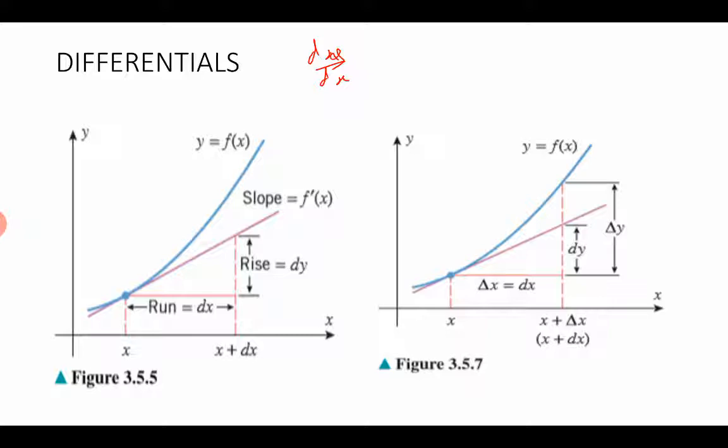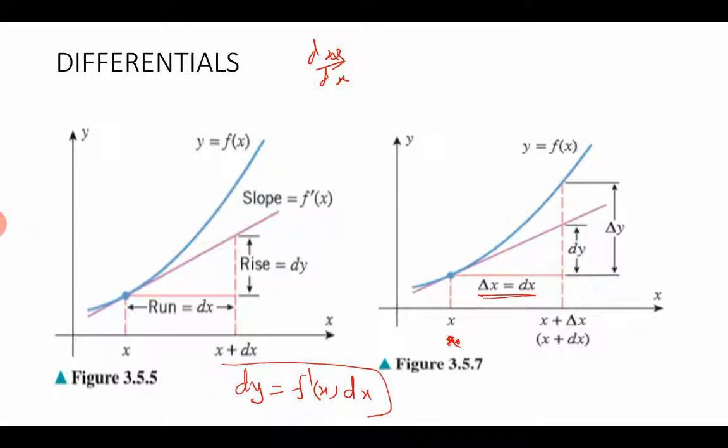To do this, we assume that f is differentiable at the point x0. This is the initial point x0. We can take x0 or x, differentiable at the point x, and define dx to be an independent variable that can have any real value, and define dy by the formula dy equals the slope times dx.